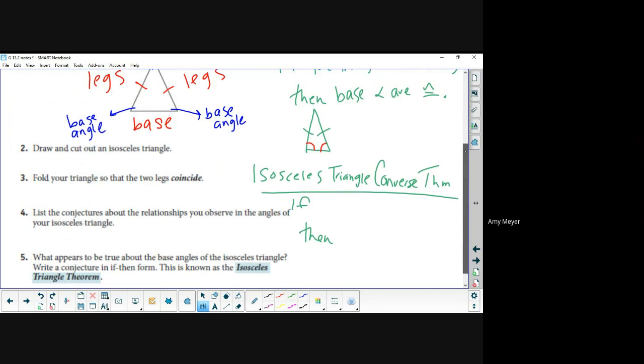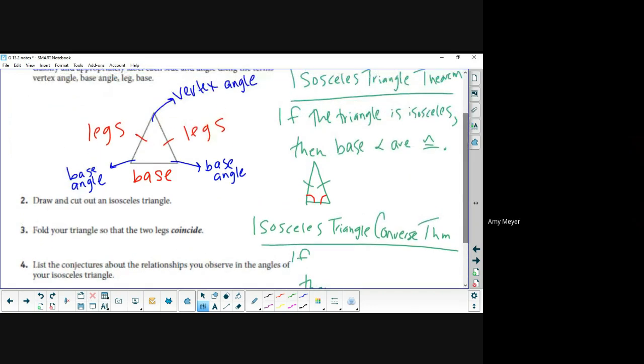Anybody happen to remember what the word converse means? It's been a long time. We learned converse, inverse, contrapositive. Converse is flipping the if and then. So all I have to do is take this and flip it.